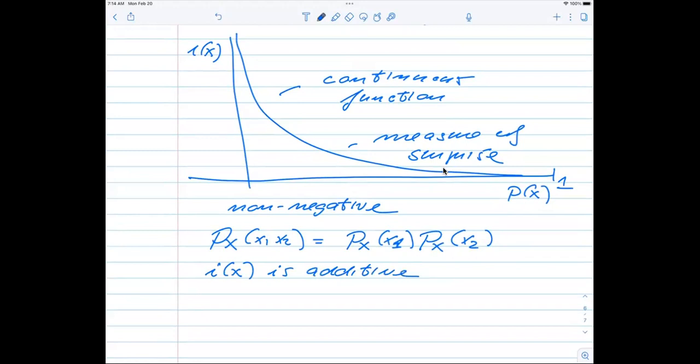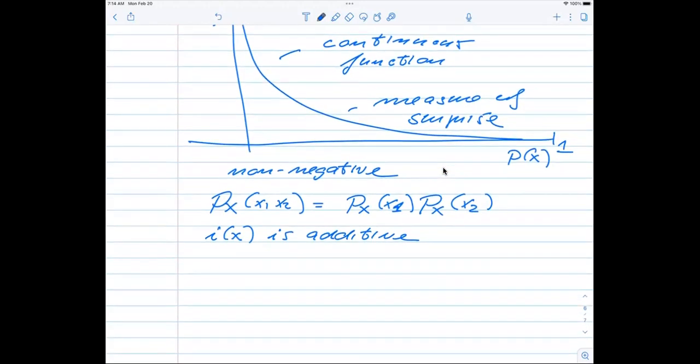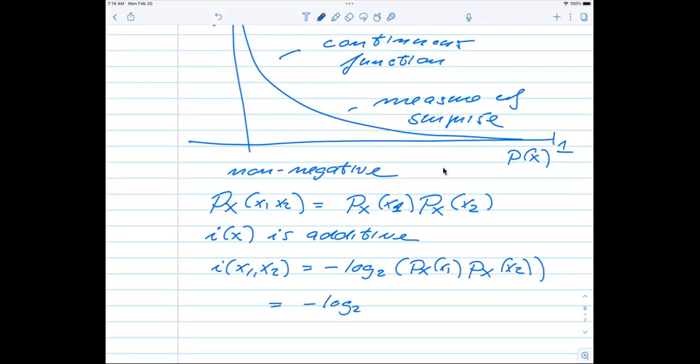If you take that one, you see now that I_X of x1 and x2 is given by minus log 2 of p_X of x1 times p_X of x2, which is nothing but minus log 2 of p_X of x1 minus log 2 of p_X of x2.